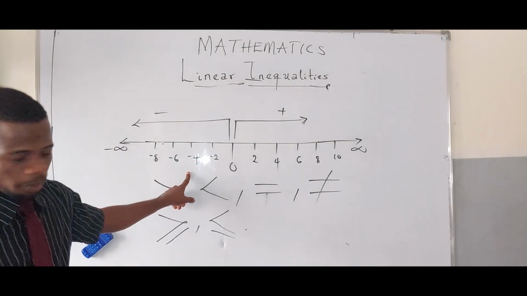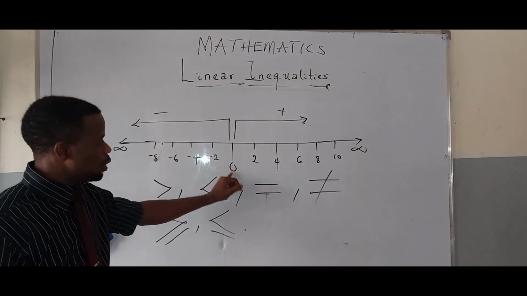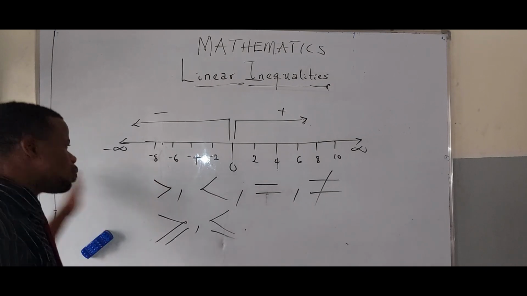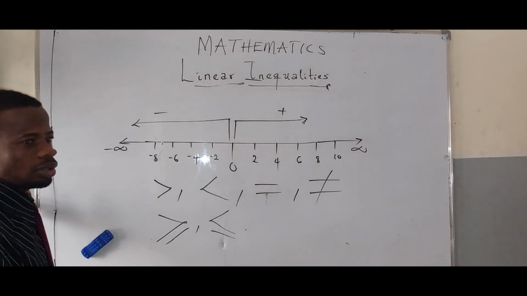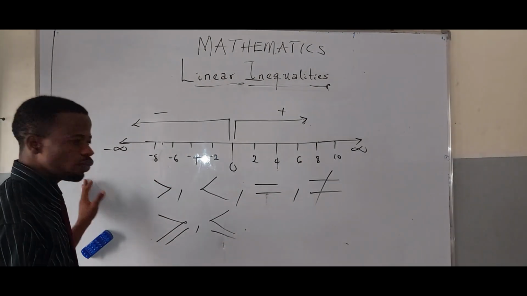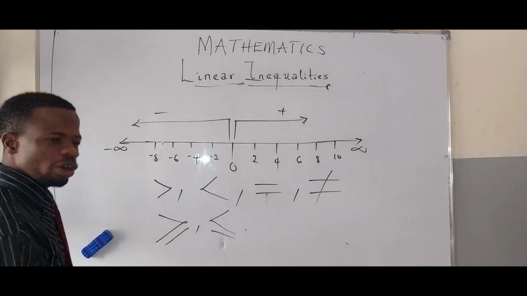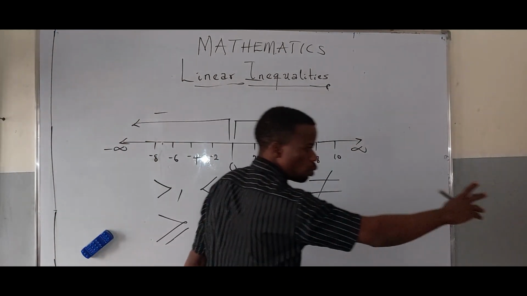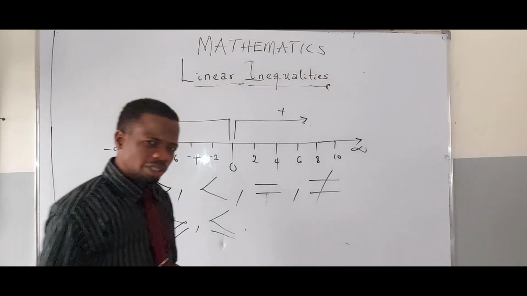Unlike this side: minus 1, minus 2. The more you move to the negative side, to the left-hand side, the smaller the number becomes. Unlike here, where the further you go, the bigger the numbers become.